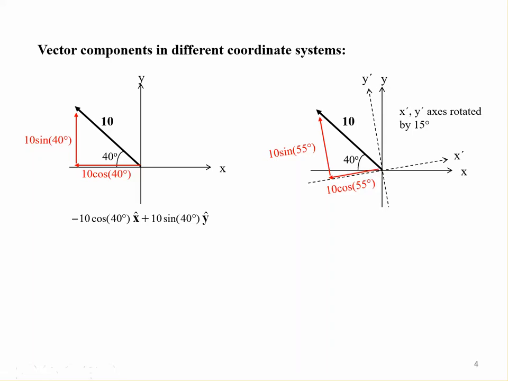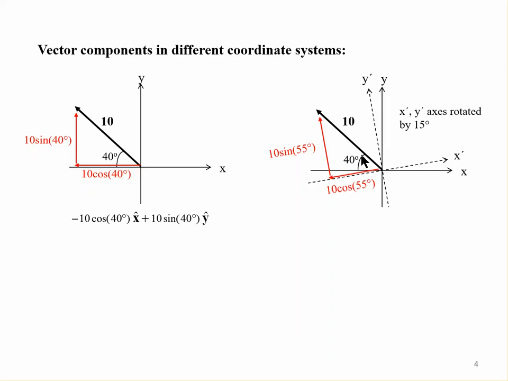So that's why I draw this vector along the x prime axis and this one along the y prime axis. Let me now get the lengths or the magnitudes of each of these two red vectors. Well, look at this right triangle here. And from trigonometry, we see that the length of this side is going to be 10 times cosine of, now the angle that we want is the angle from here all the way down to here.